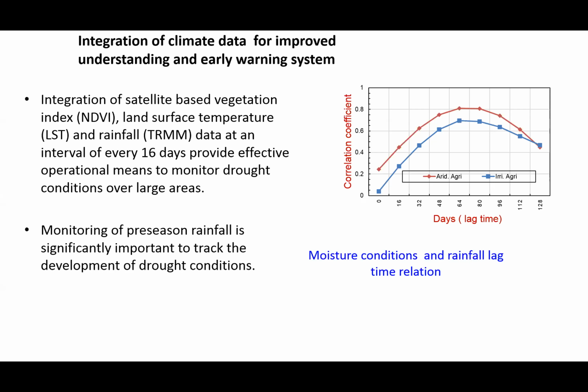A lag time of around 64 days exists between the occurrence of precipitation and improvement in vegetation condition. These are the kinds of studies that are important to look back on, to see what time interval matters for observing the occurrence of precipitation and initiating some sort of warnings for the farmers.